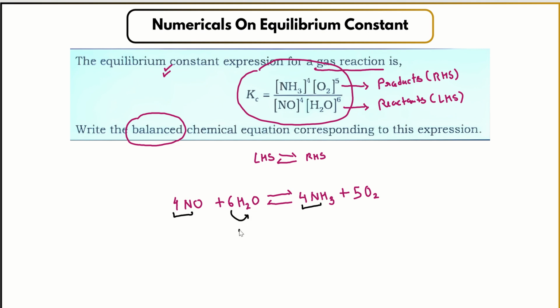So there are 12 hydrogen on the left hand side. 4 into 3, 4 3s are 12. Again it is having 12 hydrogen. Now we have to look for the oxygen. 4 oxygen plus 6 oxygen, 10 oxygen are there. Here 5 into 2 is 10. Okay, then you can say 10 oxygen are there.